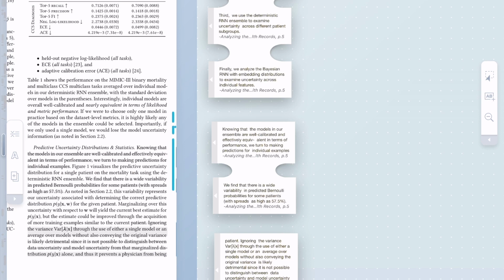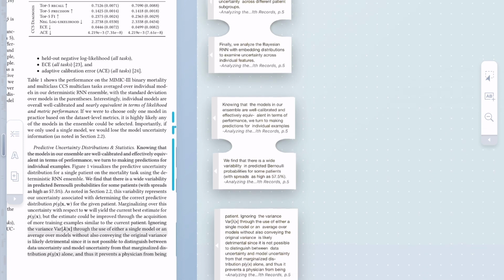So knowing that models in our sample are well calibrated and effectively equivalent in terms of performance, we turn to prediction for individual examples. And then they find that there is a wide variability in predicted Bernoulli probabilities for some patients. So, what does this mean?